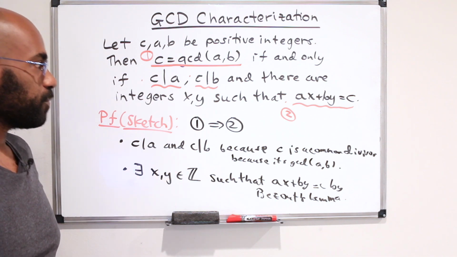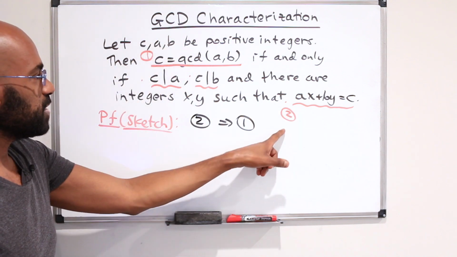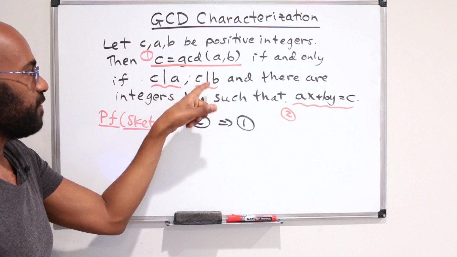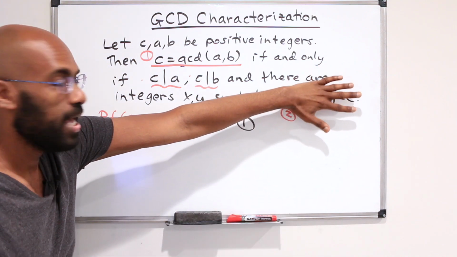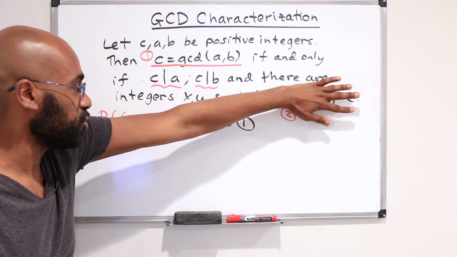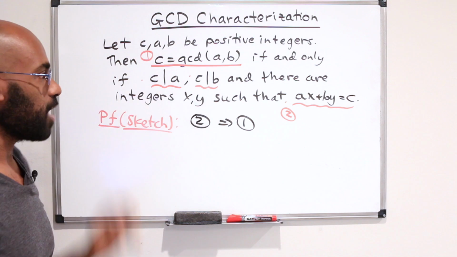Okay, so let's go ahead and prove that if 2 is true, then 1 is true. Statement 2 says that C is a common divisor of A and B, and then you also have this extra stipulation, and for some reason this extra stipulation, what we need to argue, forces C to actually be the greatest common divisor.